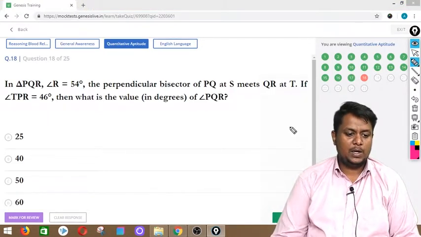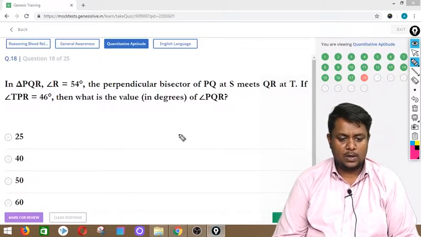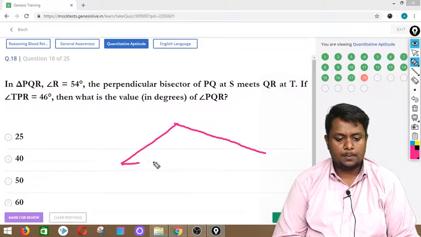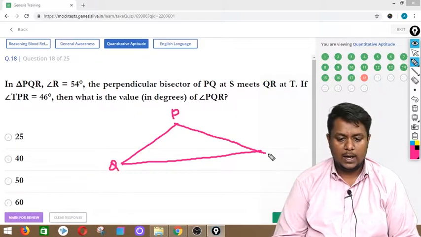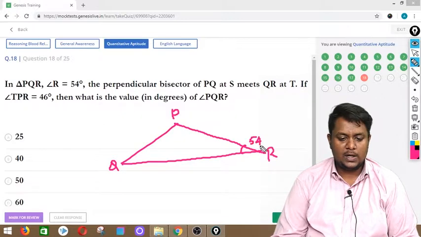In triangle PQR, angle R is equal to 54 degrees. So let us say this is triangle PQR, with points P, Q and R. Angle R is 54 degrees.